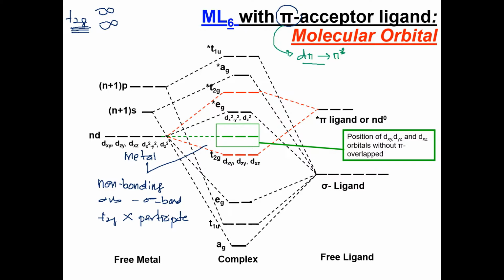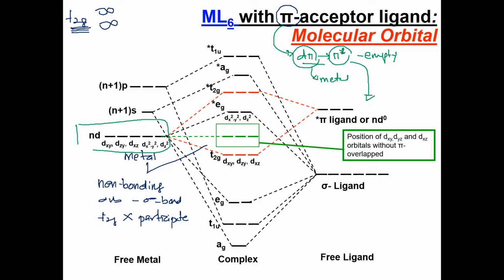It means that the d pi from the metal will interact with the pi star of the ligand. So this pi star is actually an empty pi star. Understand?